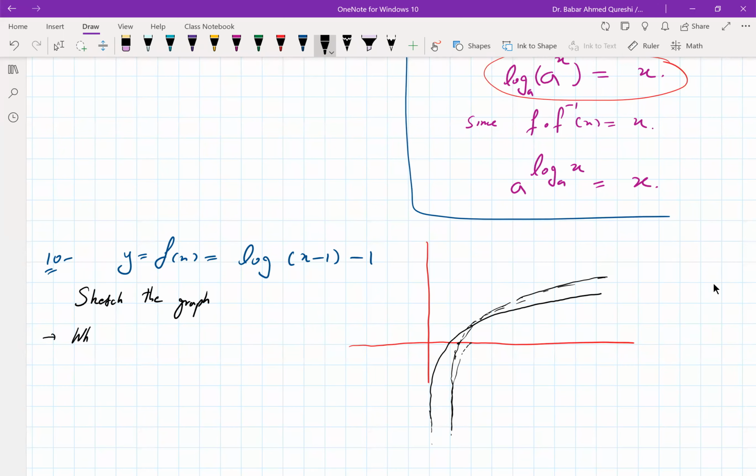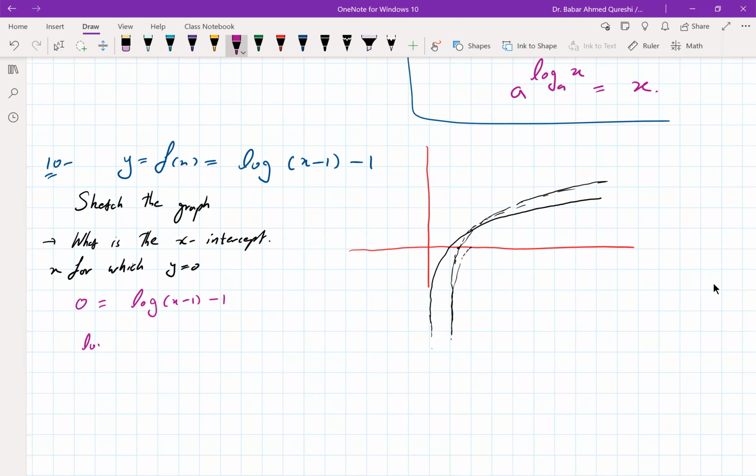What is the x-intercept? X-intercept means y is equal to 0. X for which y is 0. So you have log of x minus 1 minus 1 is 0.